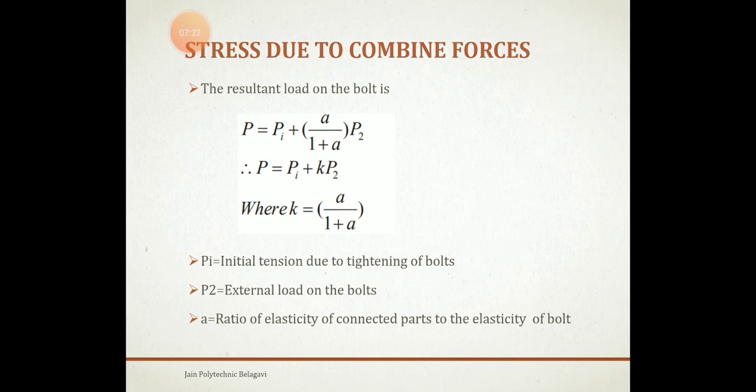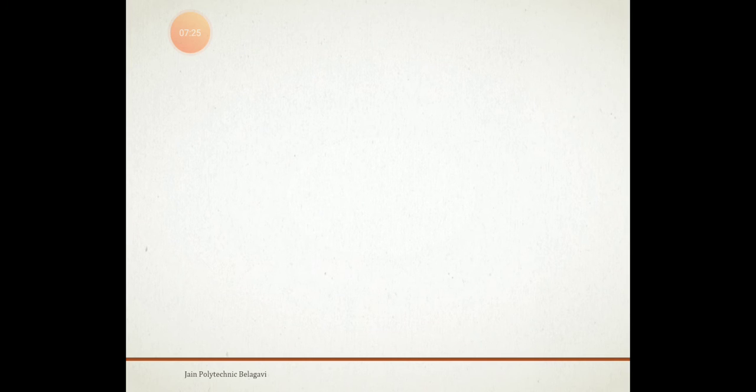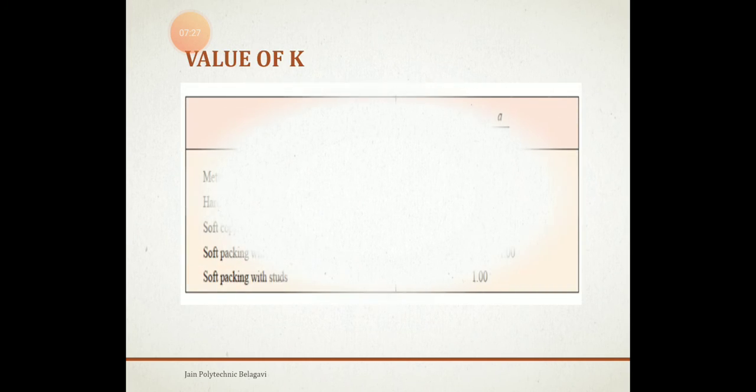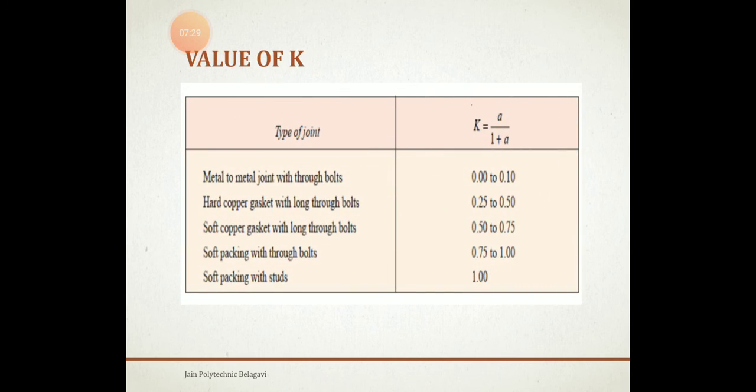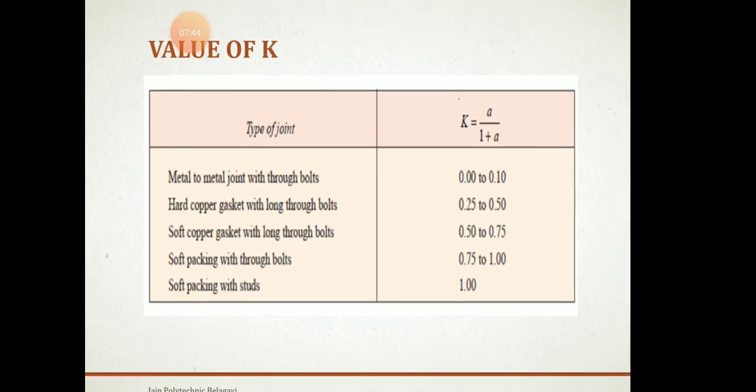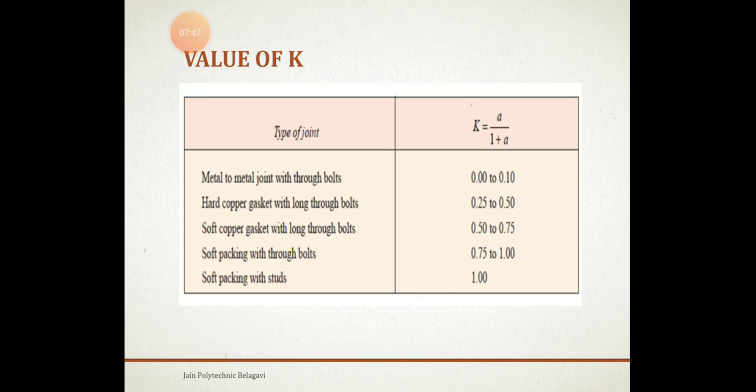There is also a ready-made table available, from which you can get the value of K. For different components there is a different value of K. For example, for a metal to metal joint with a through bolt, the value ranges from 0.0 to 0.10, or for soft packing with studs, it is 1. So this may vary for different kinds of joints.